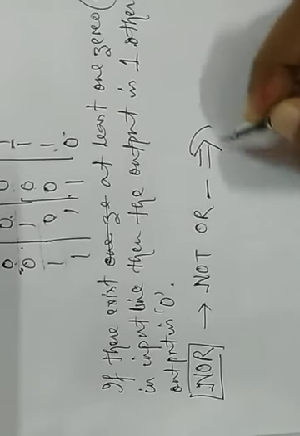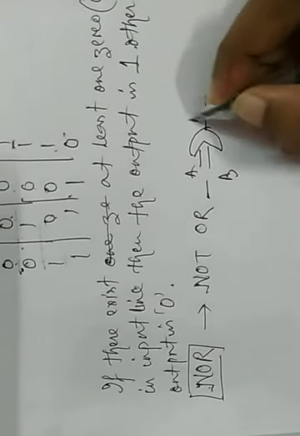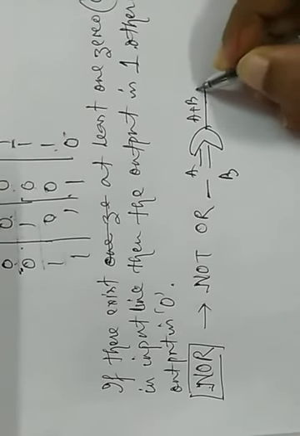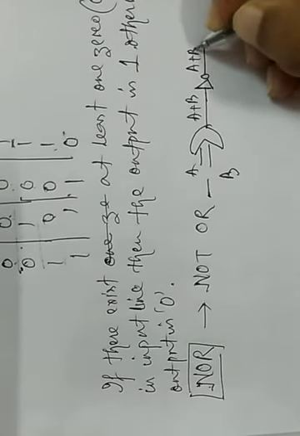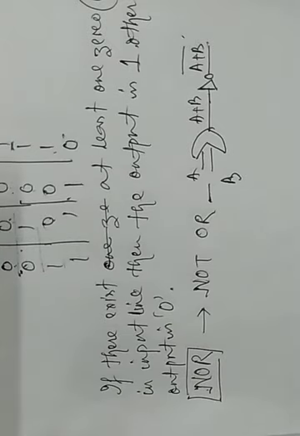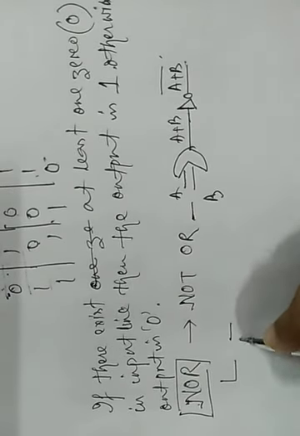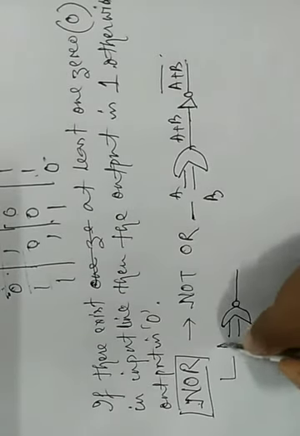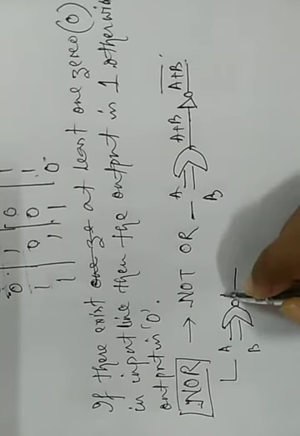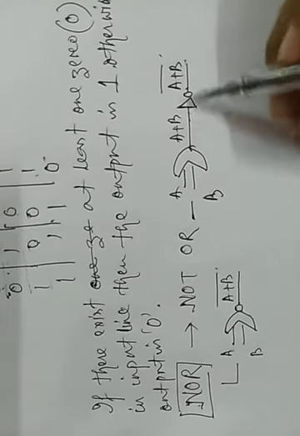This is our OR gate, minimum two input lines, A, B, A plus B. If we add one NOT gate at the output of the OR gate, the complemented value of the OR gate is the NOR gate. So the symbol of the NOR gate is equivalent to this: at first draw the OR gate and add one circle in front of it. This is the symbol of the NOR gate. A plus B complement.